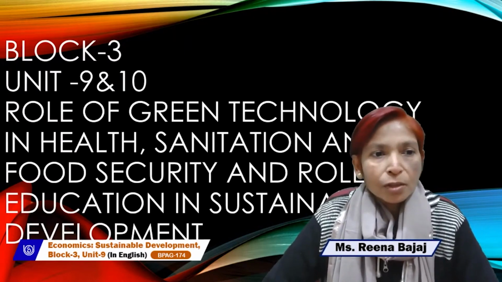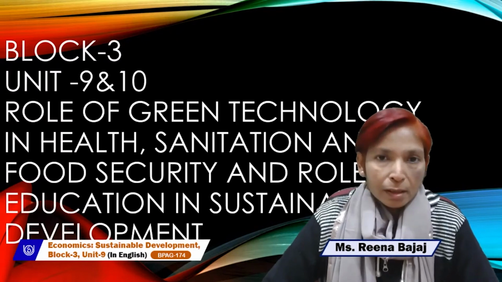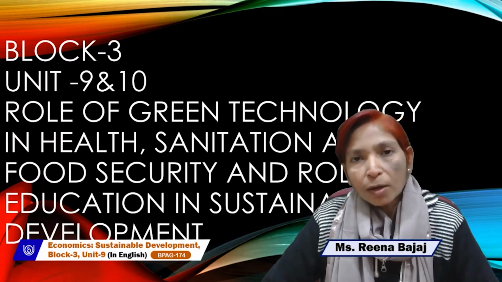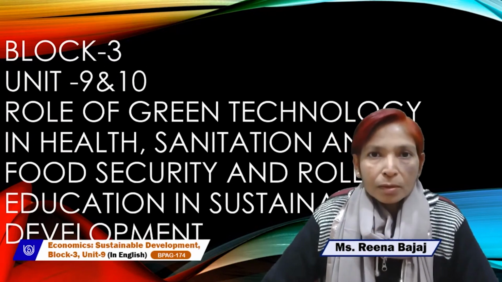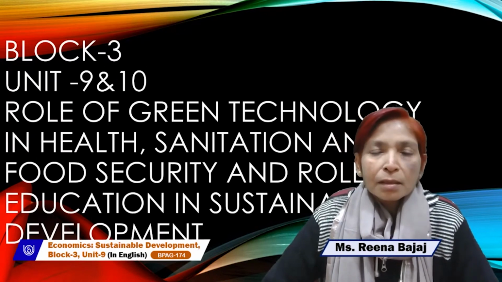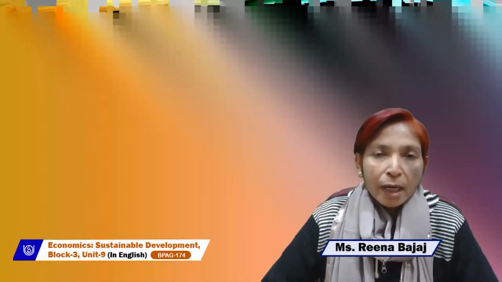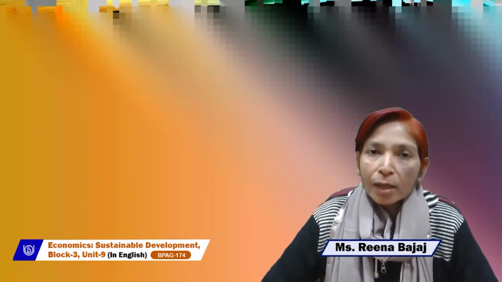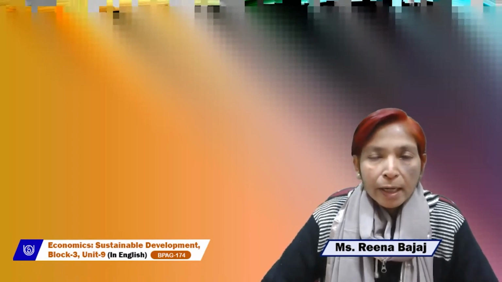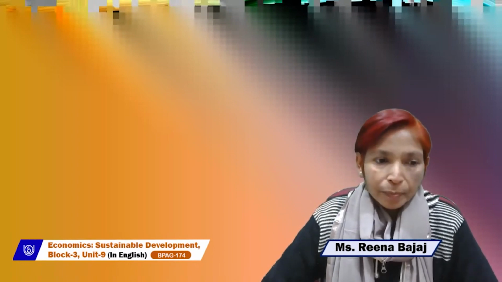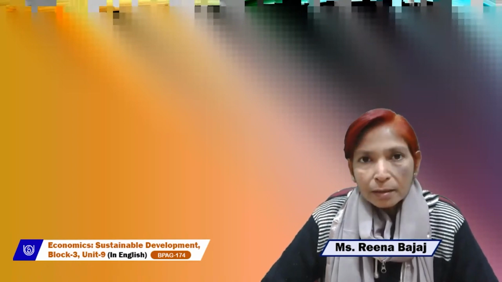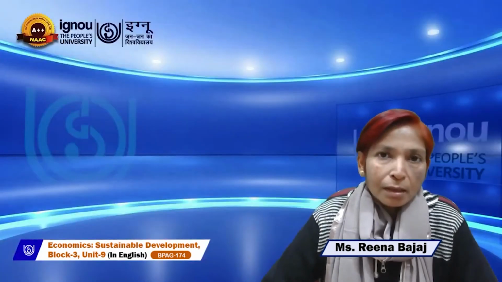In Unit 9, the main topic is the meaning of green technology and how it helps in achieving targets like health, sanitation and food security, and why we need green technology to attain sustainable development. In Unit 10, the topic is the role of education in sustainable development.